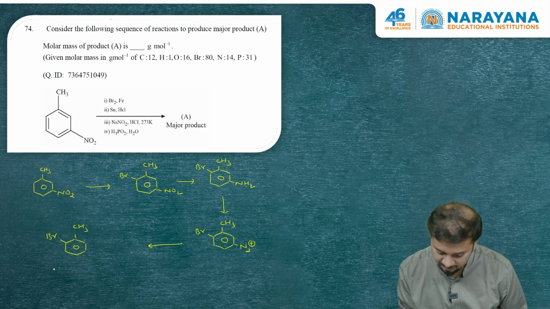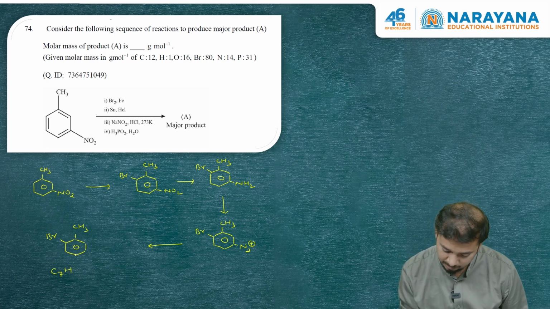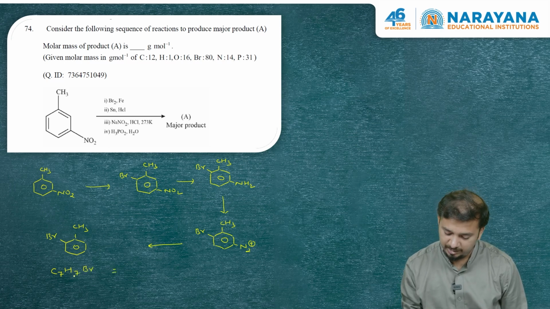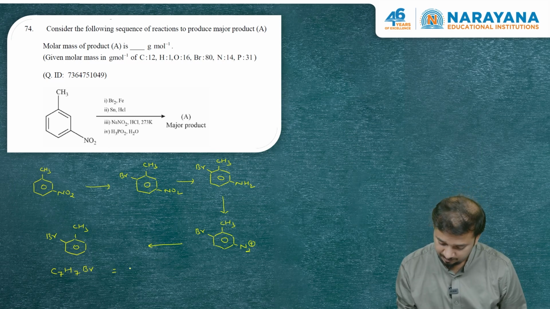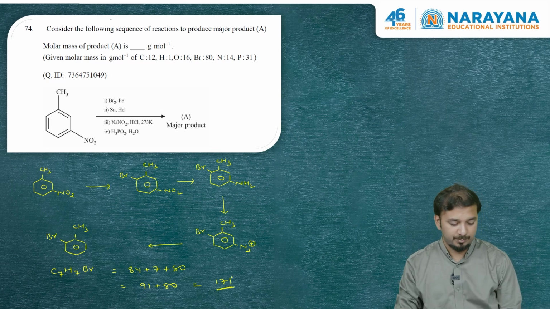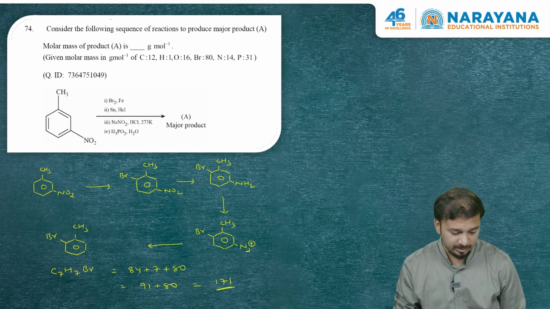We can see we have C7, H will be 1, 2, 3, 4 plus 3, 7, and Br. So molar mass will be 12 into 7, 84, plus 7, plus bromine is 80. So 84 plus 7 is 91, plus 80 is 171. So 171 will be the correct answer for this question.